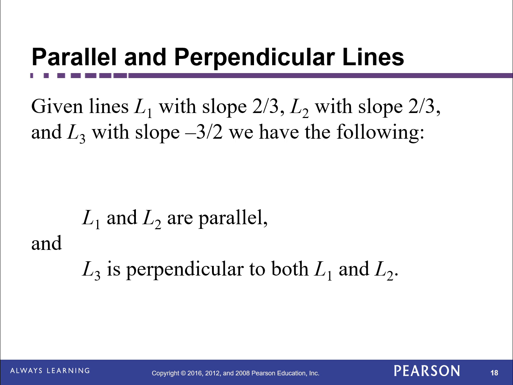Given lines L1 with slope 2/3, L2 with slope 2/3, and L3 with slope negative 2/3, we have the following. Lines L1 and L2 are parallel because they have the same slope. L3, though, is perpendicular to both L1 and L2 because its slope is the negative reciprocal of the slopes of L1 and L2.